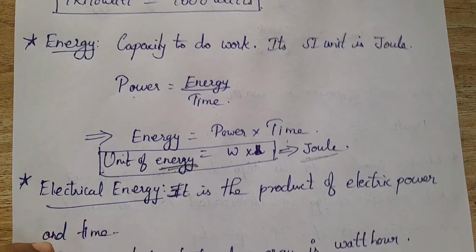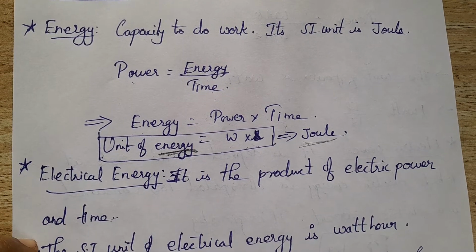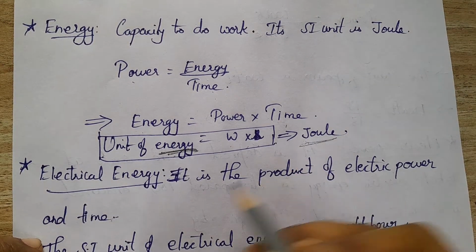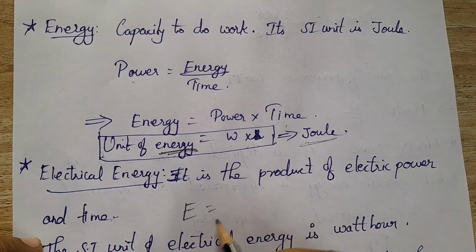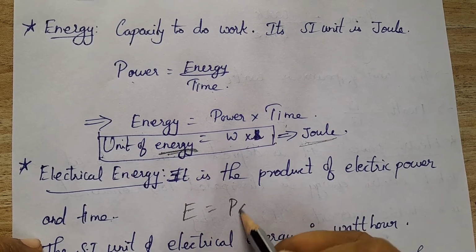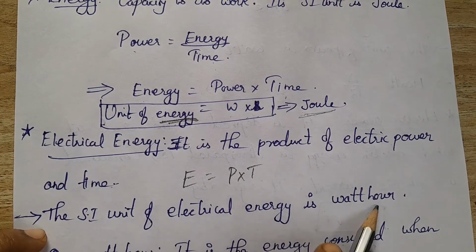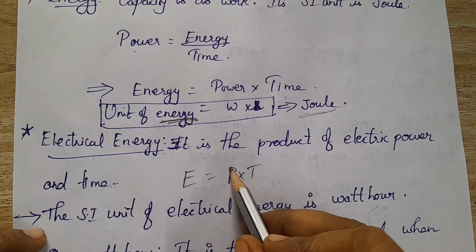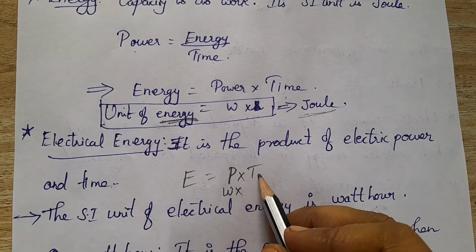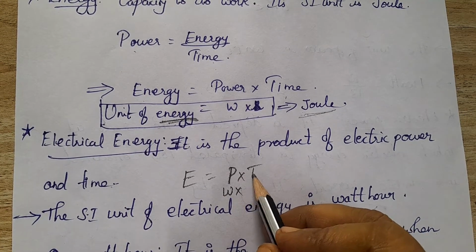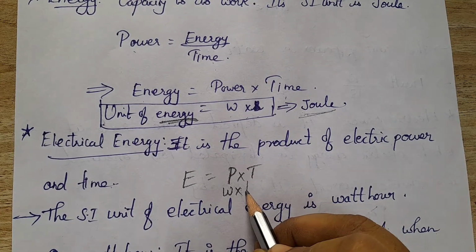Likewise, electrical energy is the product of electric power and time, so energy E equals power into time. The SI unit of electric energy is watt hour, because the unit of power is watt and time is usually not measured in seconds but per hour, so time is usually taken for 1 hour.